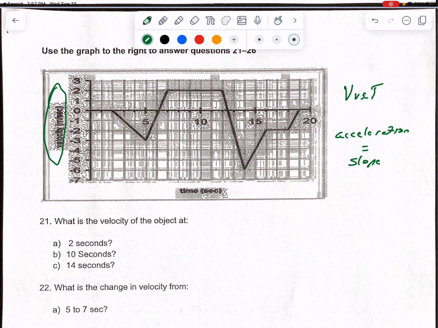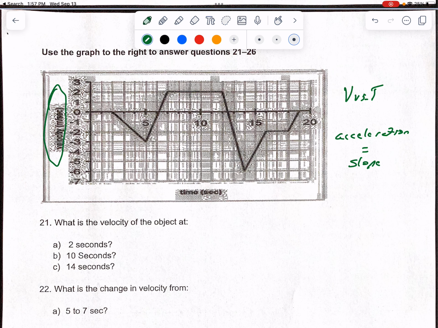So what I'm going to do real quick is go through what type of motion is going on in this graph before I even answer these questions, because that's where I usually see more issues. So 0 to 2, we're not moving because your velocity is 0. That 0 line is the x-axis.